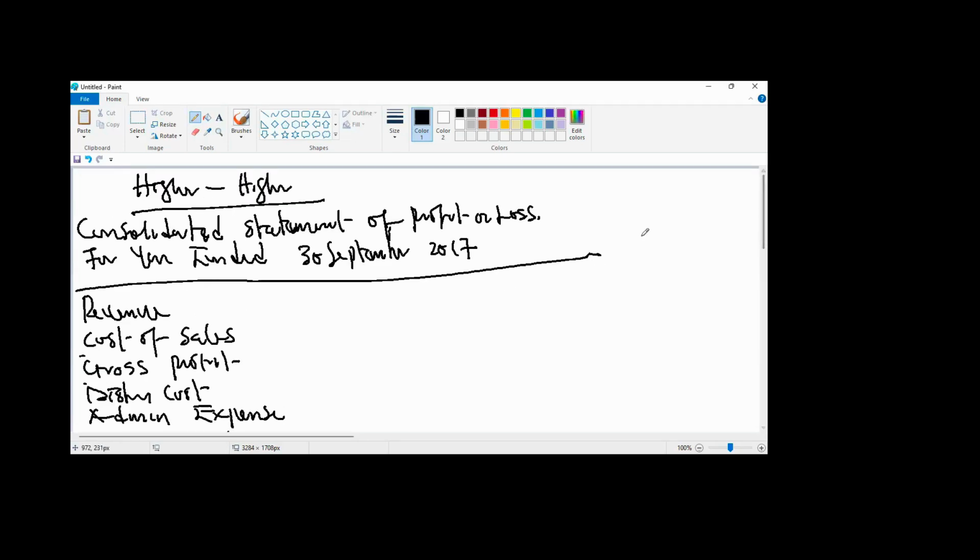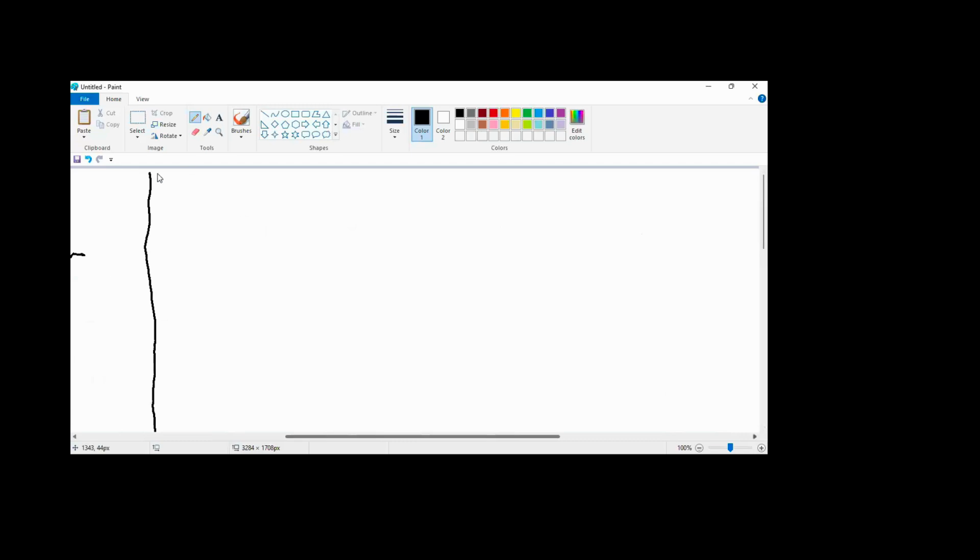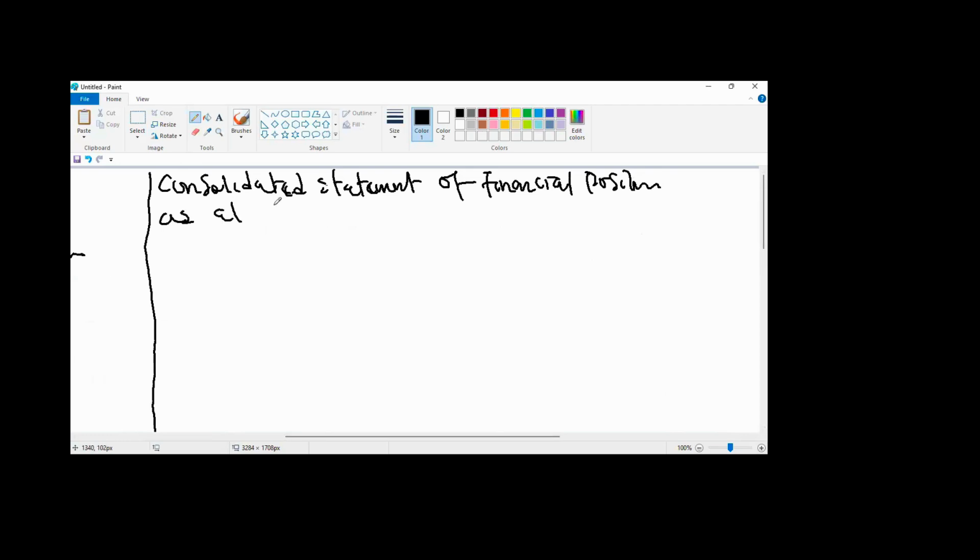I will now go to the statement of financial position, which I'm going to start with. I will also write consolidated statements of financial position as at 30th September 2017.